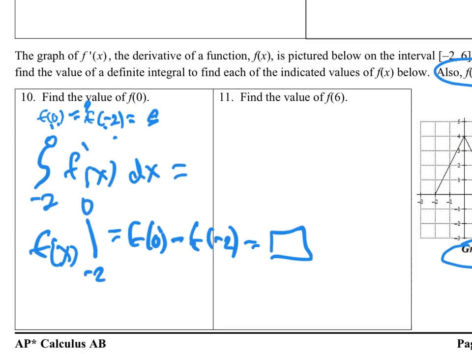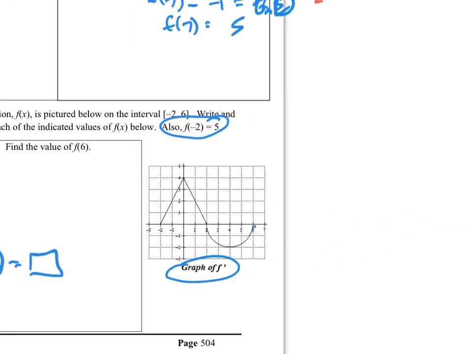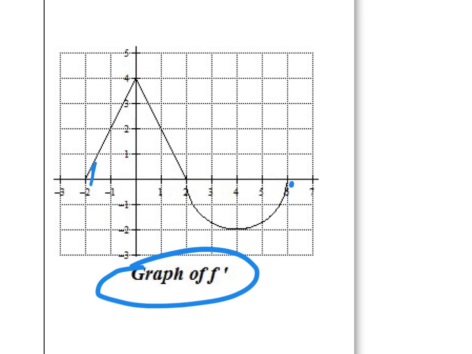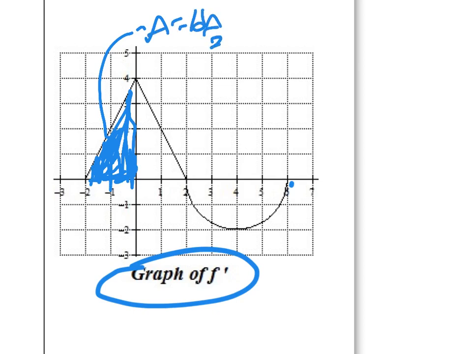Well, I got to go to my picture then. From -2 to 0, it's just this one triangle. What's the area of this one triangle? Base times height divided by 2, which is 2 times 4 divided by 2, which is 4.